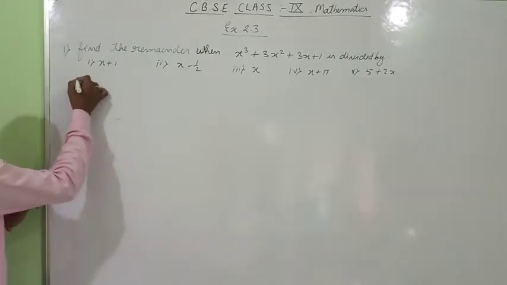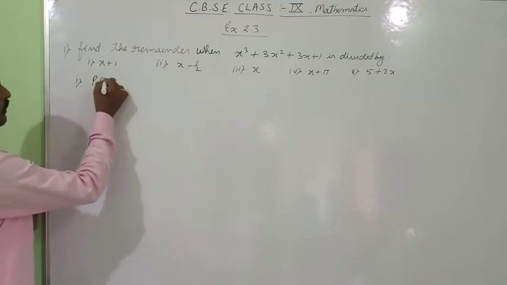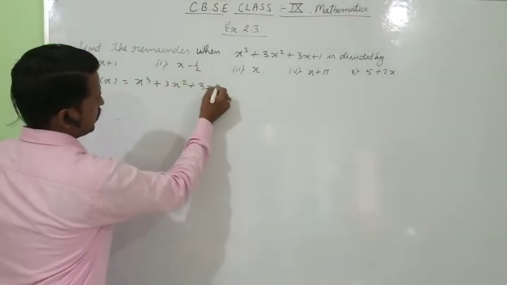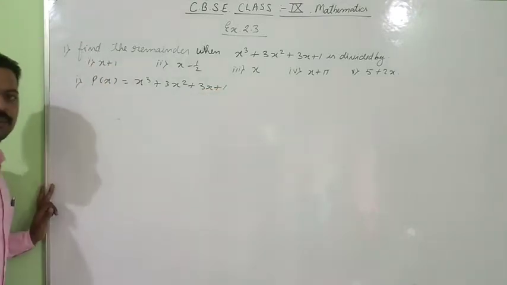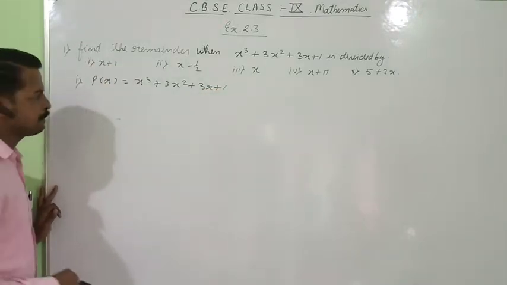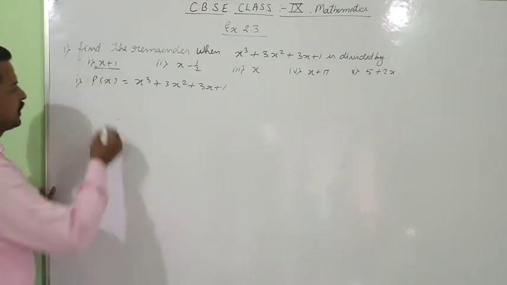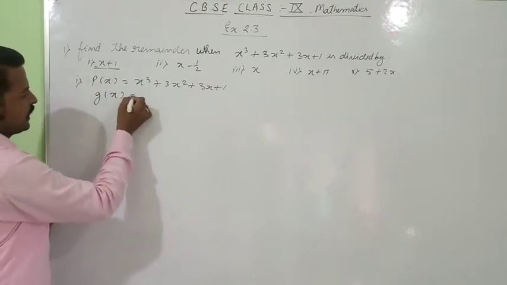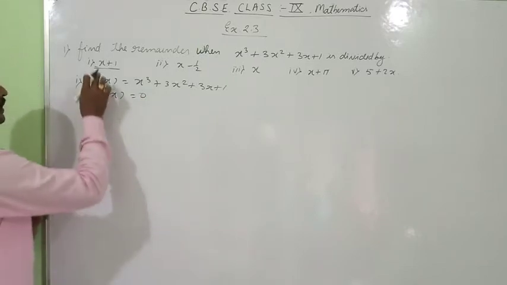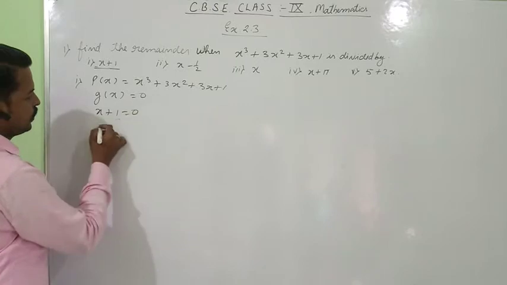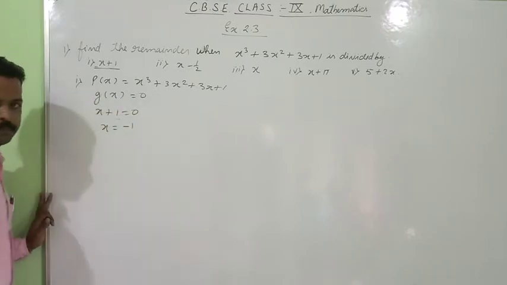When p of x, that is x cube plus 3x square plus 3x plus 1, is divided by x plus 1, we have to find the remainder. So what I said, we have to take the divisor equal to 0, मतलब g of x equal to 0 लेंगे हम लोग. g of x means our divisor. So g of x, that is x plus 1 equal to 0. So we will get x value as -1.